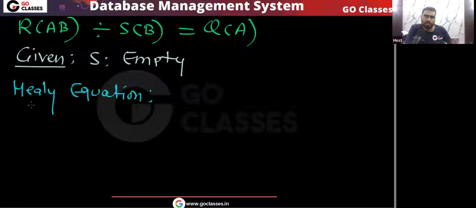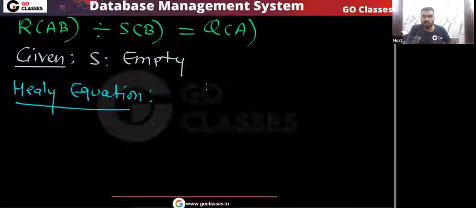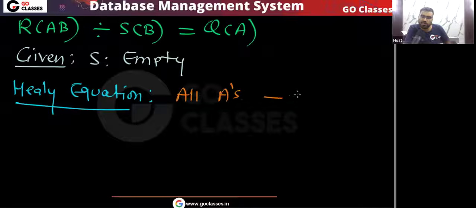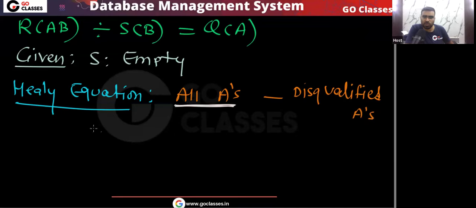If you remember the Hell equation, we have seen what it is: find all A values minus disqualified A values, yes or no? Find all A's minus disqualified A's. Tell me how to find all A's.